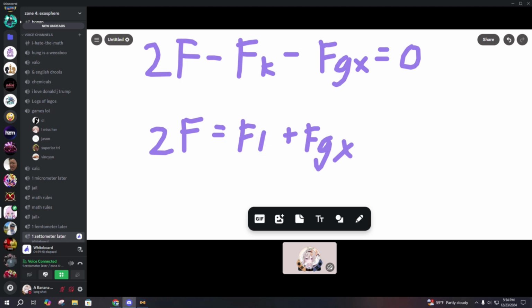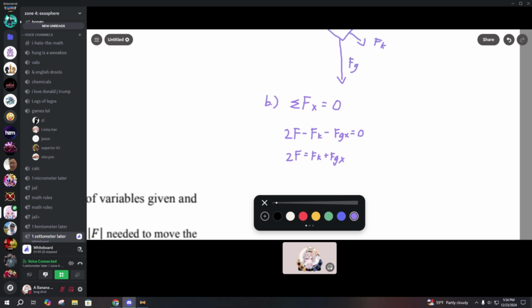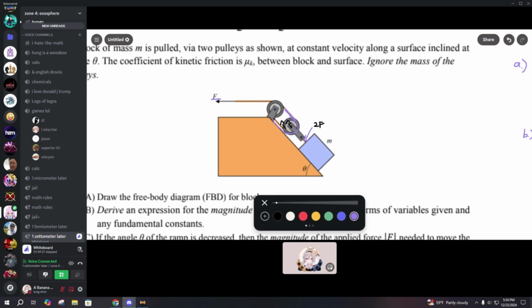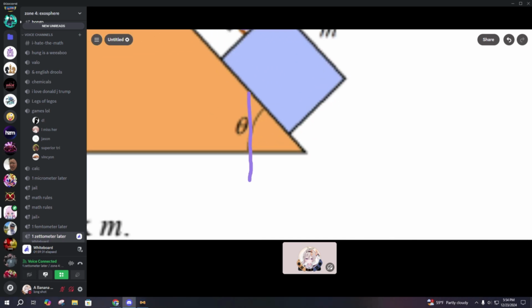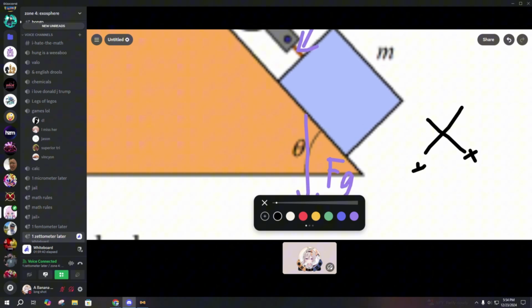Let me make this neater. Okay. And with that, now I just need to change it into what the graph gives you, right? So first off, let's look at FG. I know FG is going to be pointing downwards like this, right? But because my axis is like this, where this is X and this is my Y, it's going to have components.